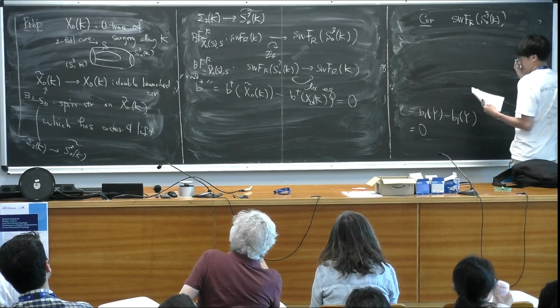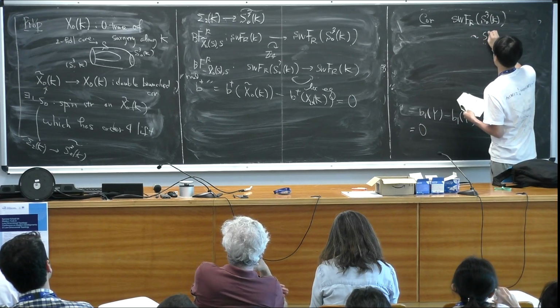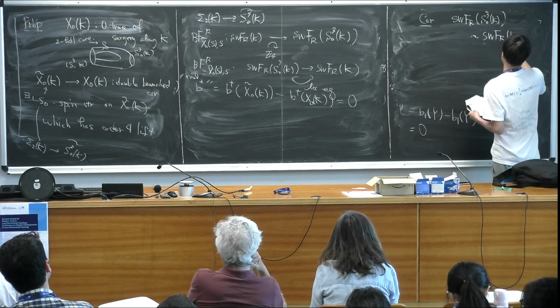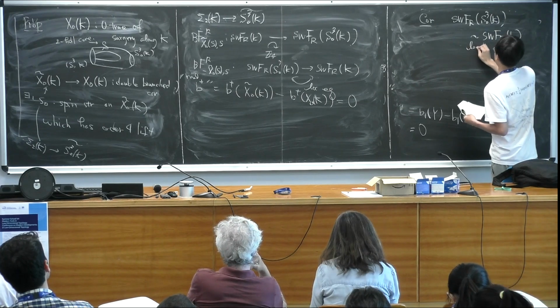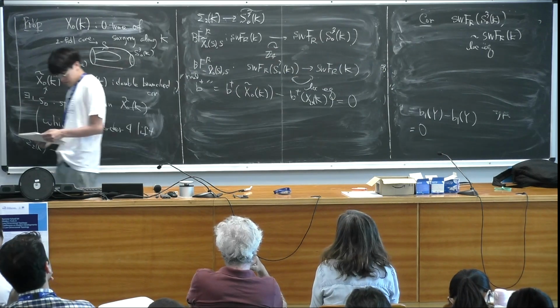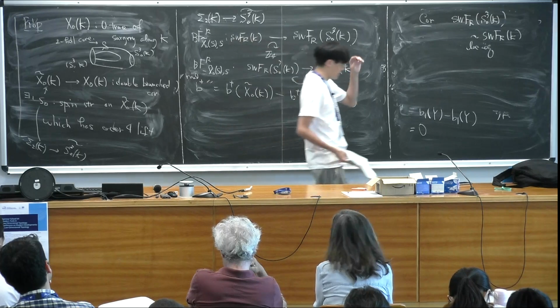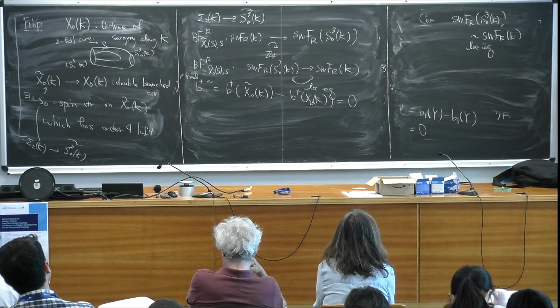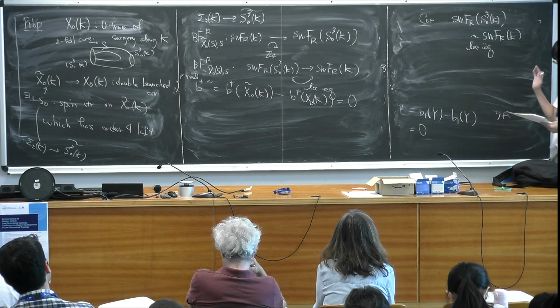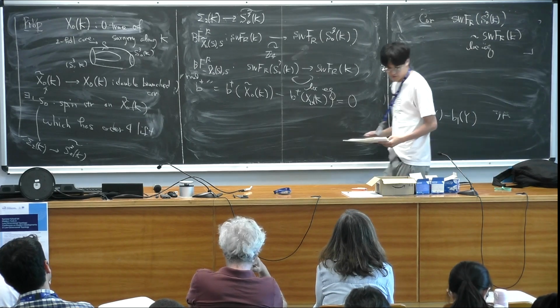We can define the local equivalence class for the three-manifold, and this is locally equivalent to the real Floer homotopy type of K. That means that if their surgeries are diffeomorphic to each other, then the Floer homotopy types of K and K prime are locally equivalent. This is the proof.